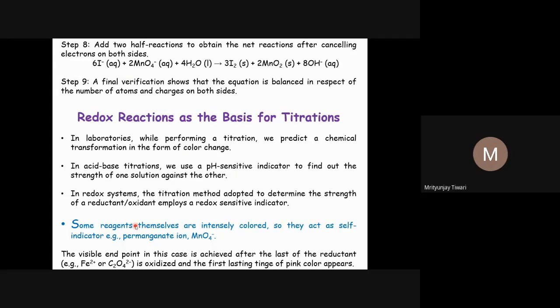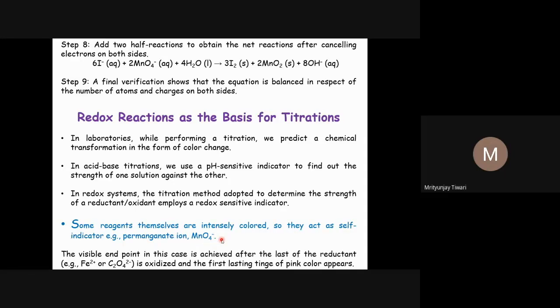It has a very intense pink color, which you might have seen. So they act as self-indicators. If during the chemical transformation the pink permanganate ion is totally consumed, as soon as it is consumed the pink color will disappear. Even a very small concentration makes the color of the solution observable to us.